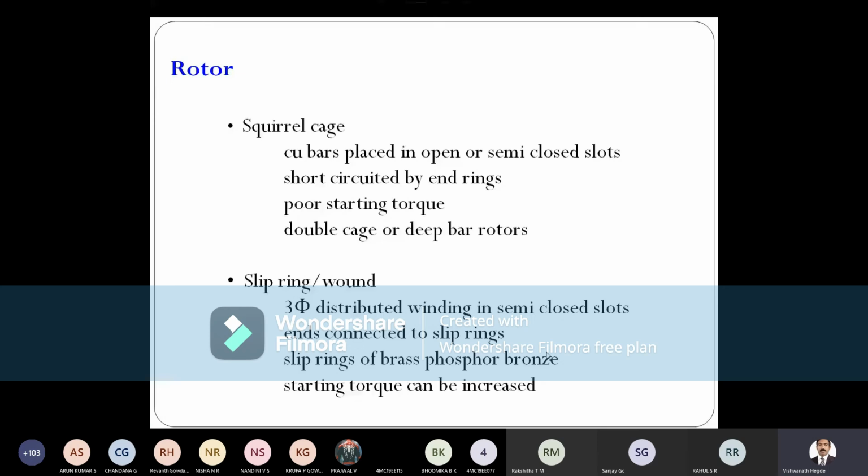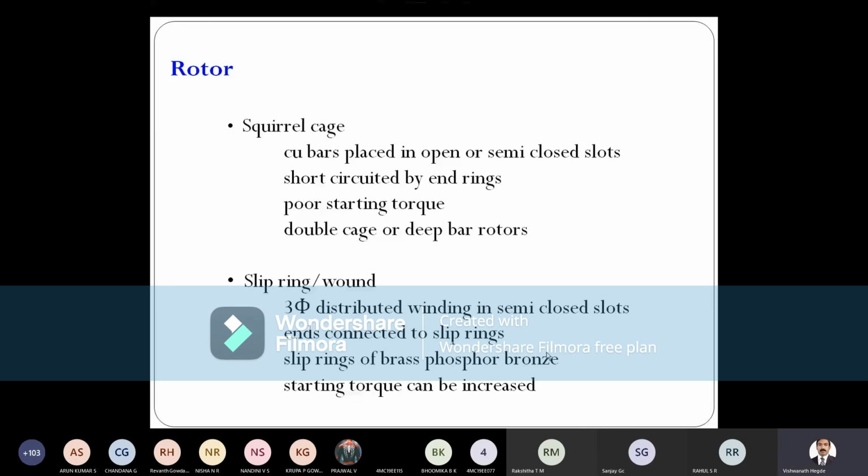The slip rings are made up of brass or phosphor bronze. The advantage in this type of rotor is that there are 6 ends for each phase. 3 ends are connected together to form the star. The other 3 ends are connected to slip rings.